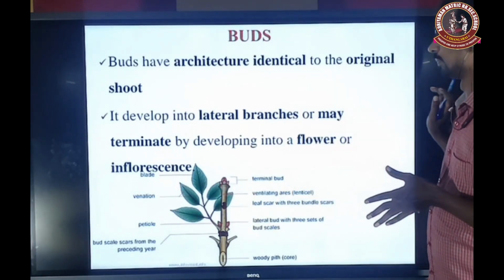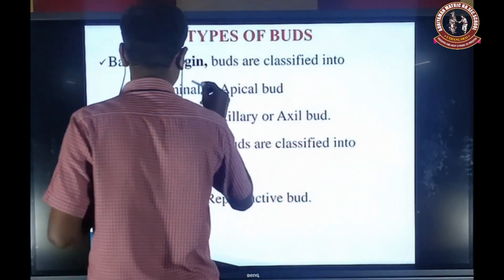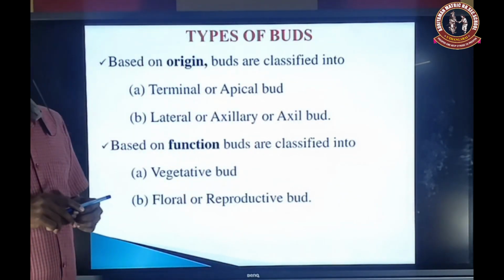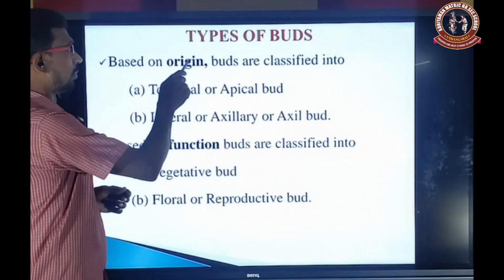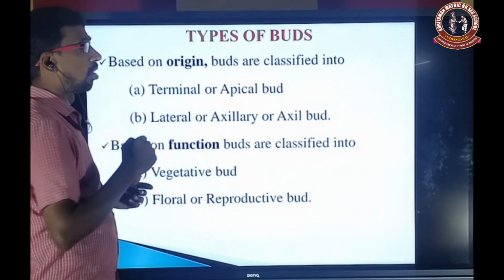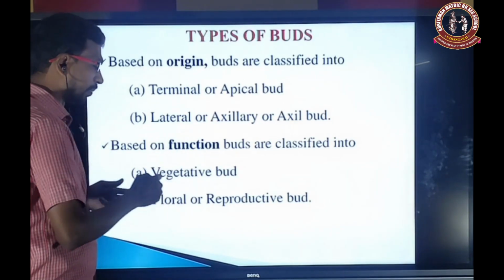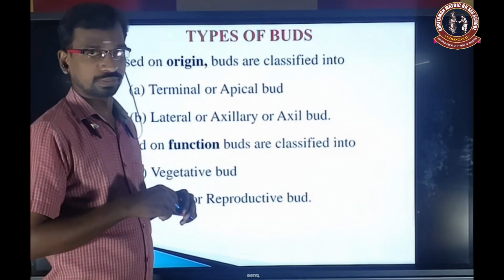Okay. Next, the types of bud. Based on origin and function, the buds are classified into different types. Based on origin: terminal or apical bud, and lateral or axillary bud. Based on function: vegetative bud and floral or reproductive bud.